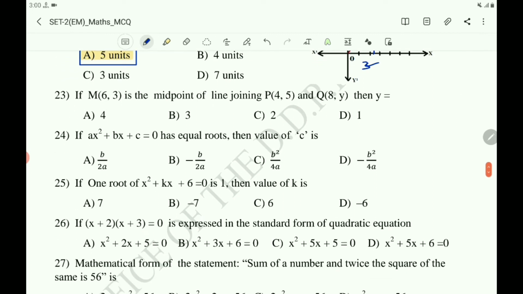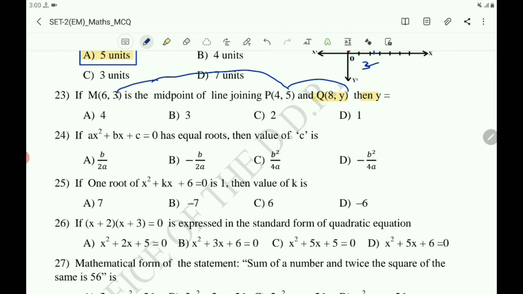Next we take question number 23. If M(6, 3) is the midpoint of the line joining P(4, 5) and Q(8, Y), then Y equals. Here it is given that (6, 3) is the midpoint, and we have to find Y. Then this 3 must be equal to (5 plus Y) by 2, according to the midpoint formula.